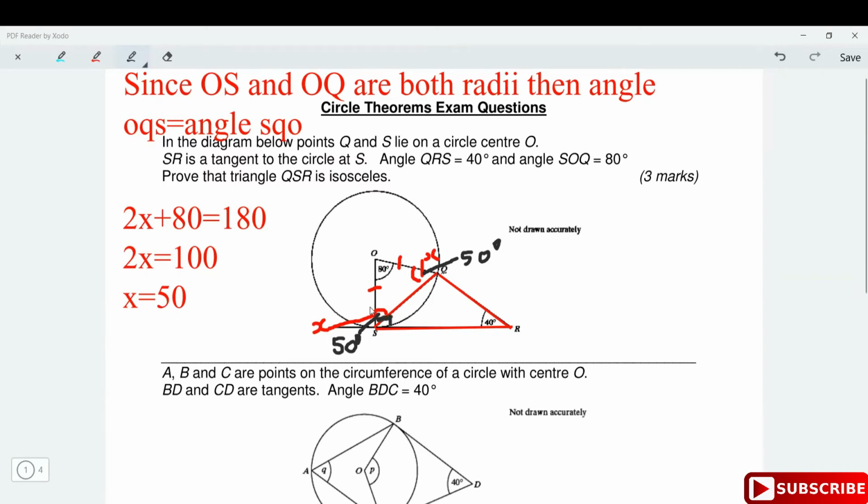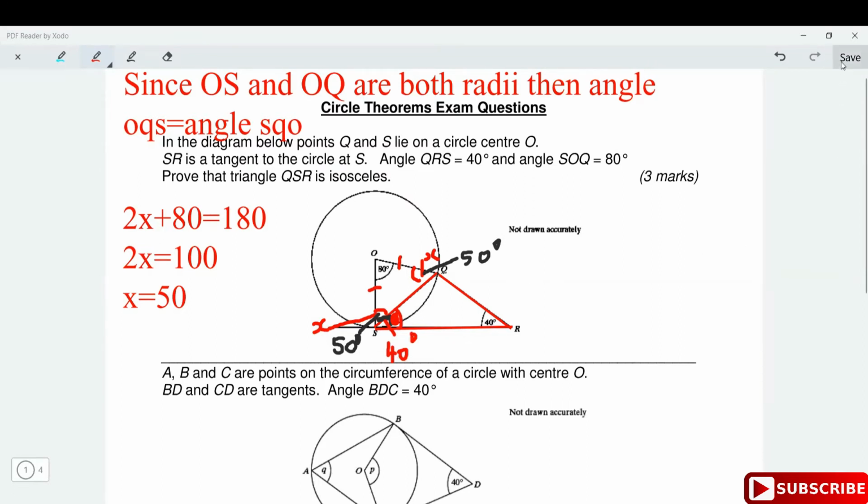Since the whole of this is 90 and this piece over here is 50, this little piece that I shade has to be 40, in order for the two angles to sum to 90.